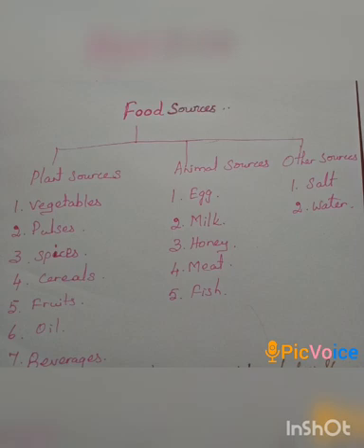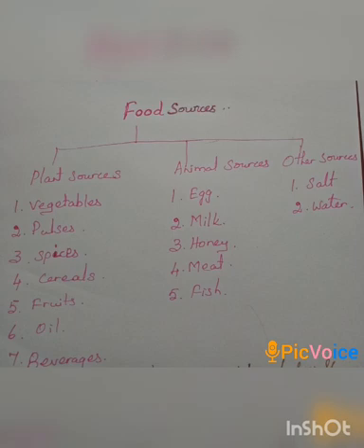Onion, ginger and potatoes are underground stems. Spinach, bathua, methi and cabbage are leaves. Cauliflower and broccoli are flowers. They can be eaten raw or cooked. They are rich in vitamins and roughage.